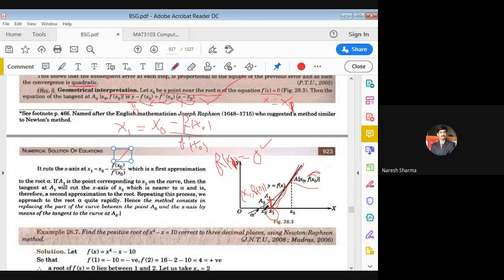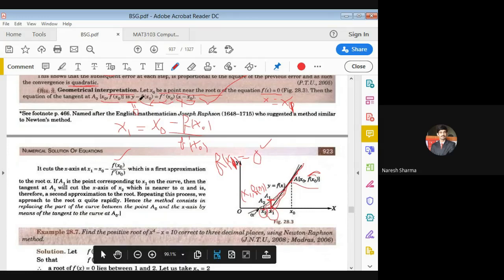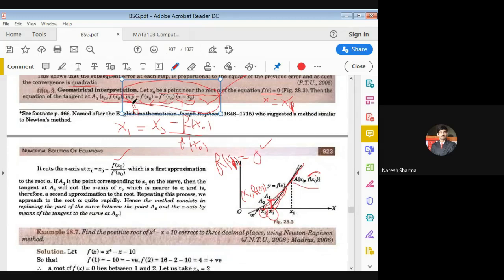At this point again we draw the tangent line. That tangent line again touches a point on the x-axis, that is x2. So again we draw the tangent line at A1 and put x is equal to x2, because x2 is a point on the x-axis. So y at x2 is 0.